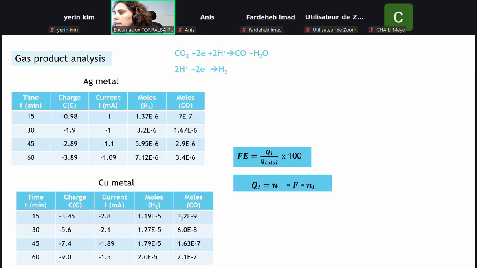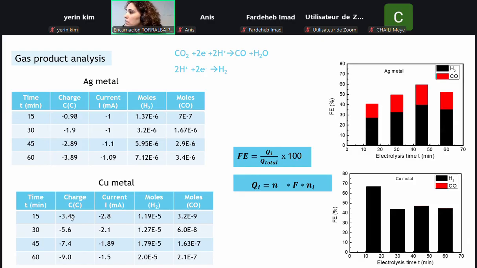So if I take the moles that I produce and I convert these moles by this equation that you already know into charge, I can compare the experimental charge in my experiment with the total charge.